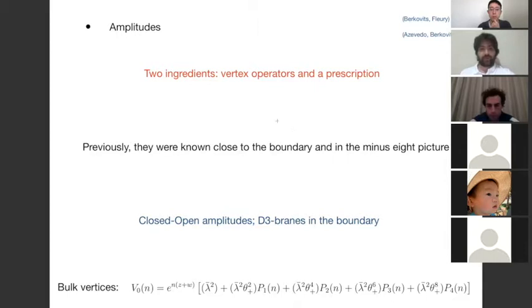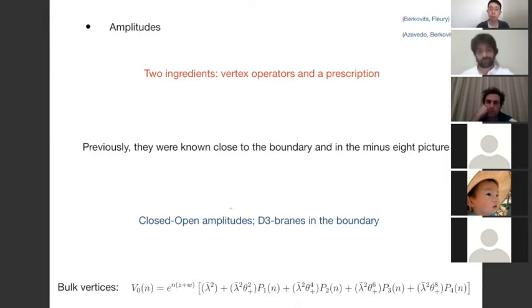Before using this close-to-the-boundary vertex, there was one amplitude that was possible to compute. You put some D-branes in the boundary of the space, and this was the computation by Tales and Berkovits. They could compute a closed string vertex with many open string vertices, and they computed this amplitude and got what was expected from the holographic principle.